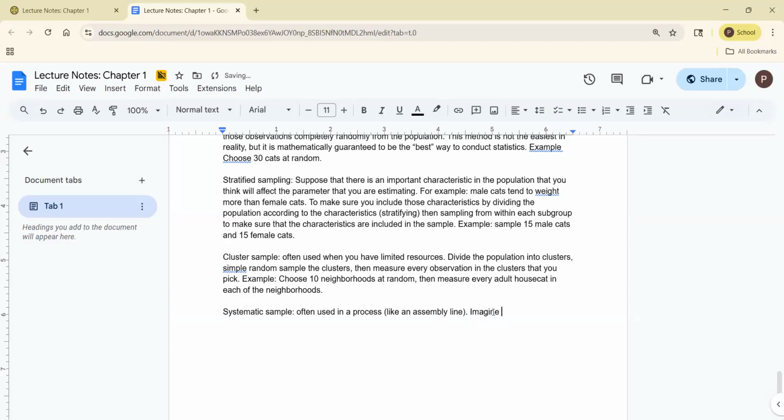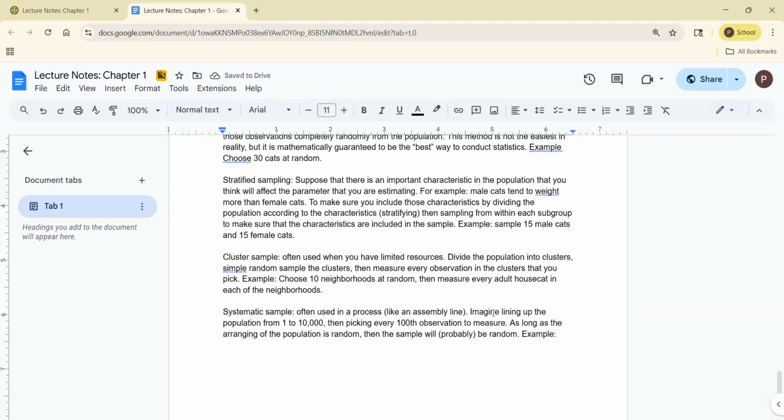So imagine lining up the population from 1 to 10,000, then picking every 100th observation to measure. As long as the arranging of the population is random, then the sample will probably be random. Again, not quite as random as a simple random sample, but pretty efficient if you have a process.